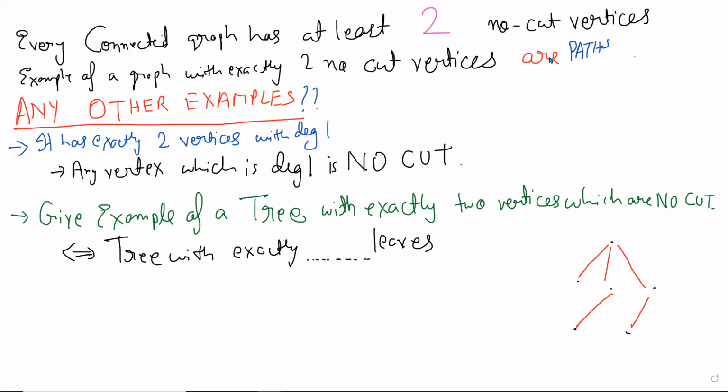Absolutely, right? You just want the tree to have two leaves. So can you draw a tree which has only two leaves, which is not a path? No, right. Such a tree must be a path.